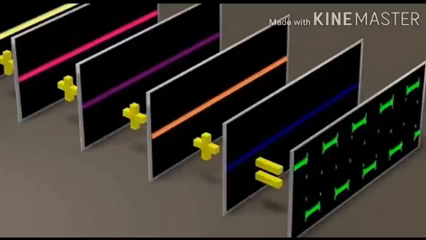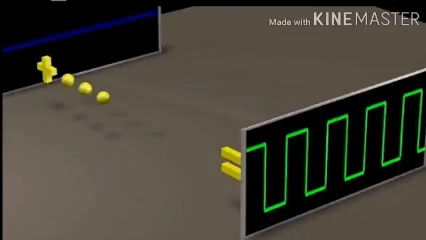Sine waves of different amplitude, frequency and phase can be mixed together to obtain the final wave that we require. In this figure we are adding a large number of frequencies and obtaining a final wave, and by continuing this process again and again with a large number of frequencies, we obtain a square wave.